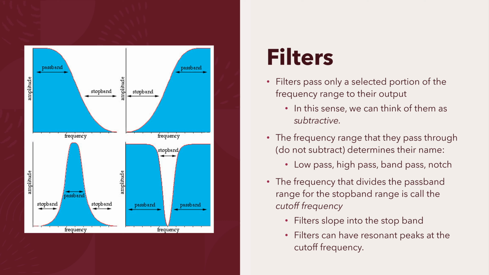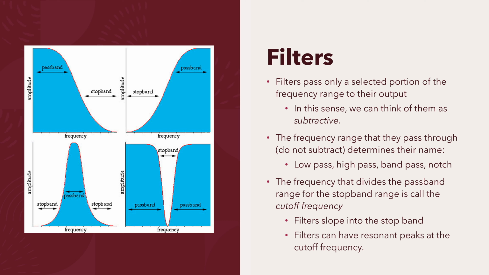So a filter is going to pass only a selected portion of the frequency range to its output. So we have all of the sound that's going into the input of the filter, and it's going to say, okay, I'm going to let this stuff through, and I'm going to not let that stuff through.